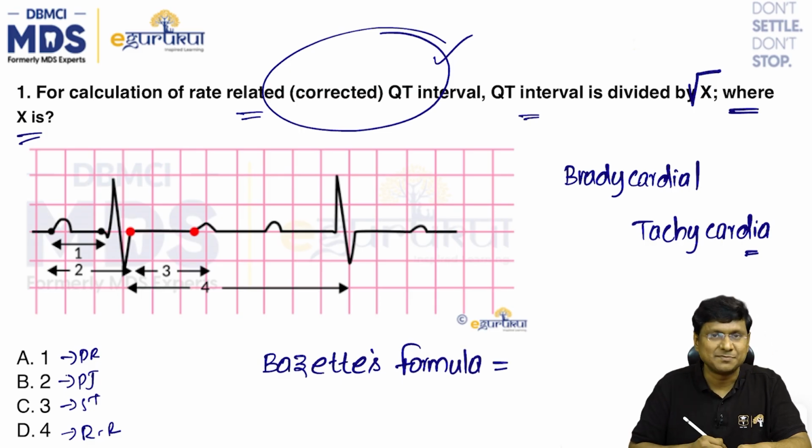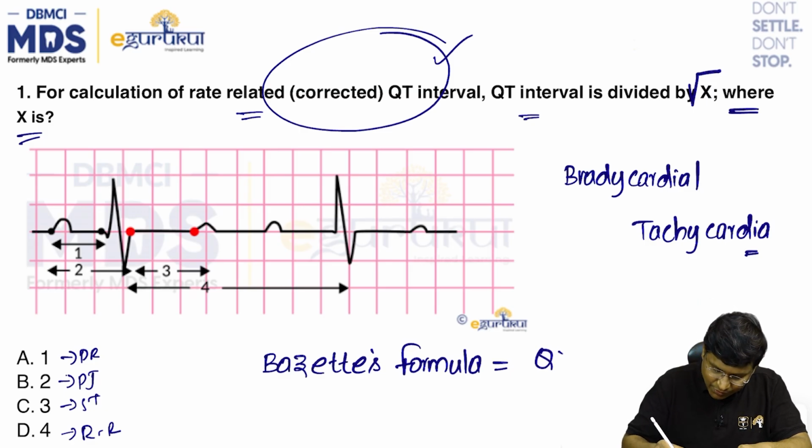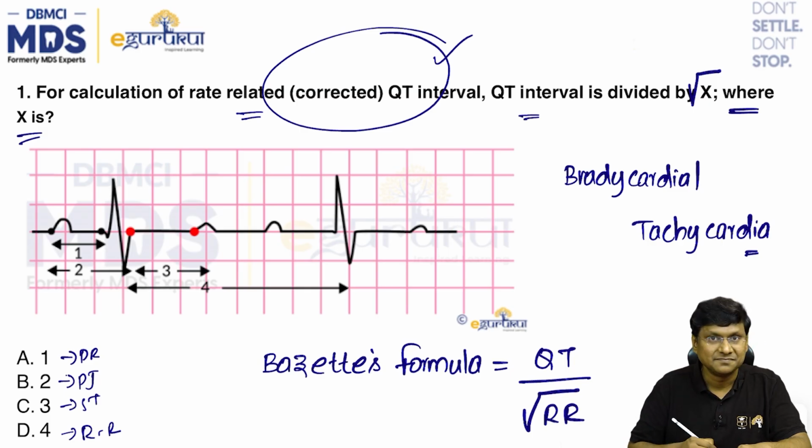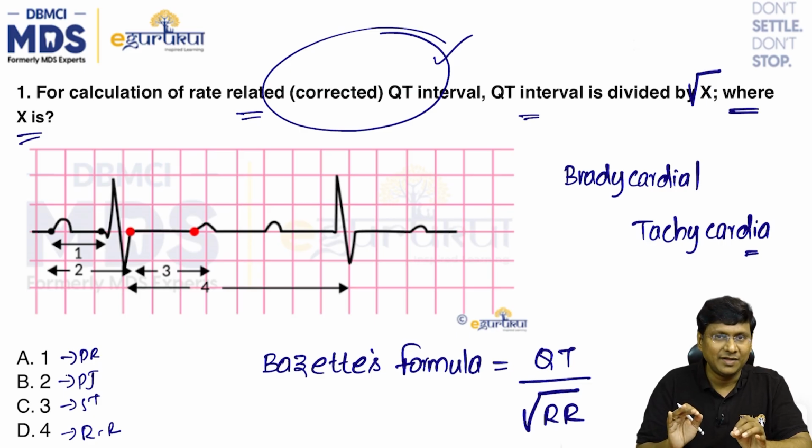Now how do you calculate this Bazett's formula? It is calculated by QT divided by root of RR interval. Then you get the corrected QT interval if there is bradycardia or tachycardia in the given ECG.